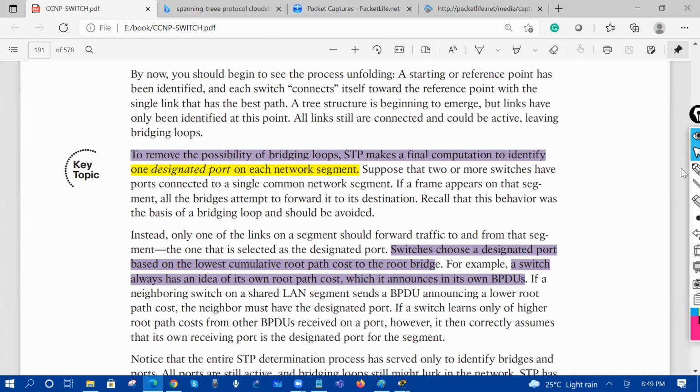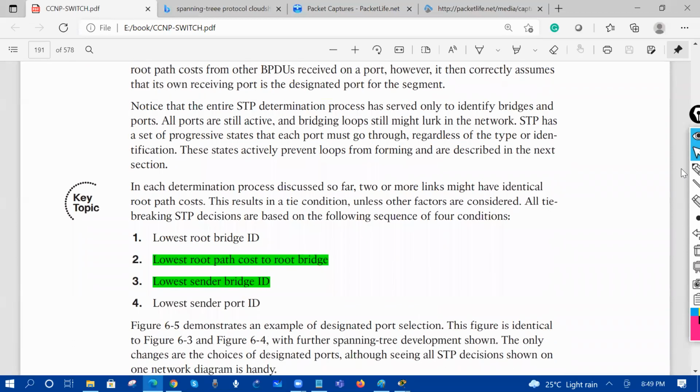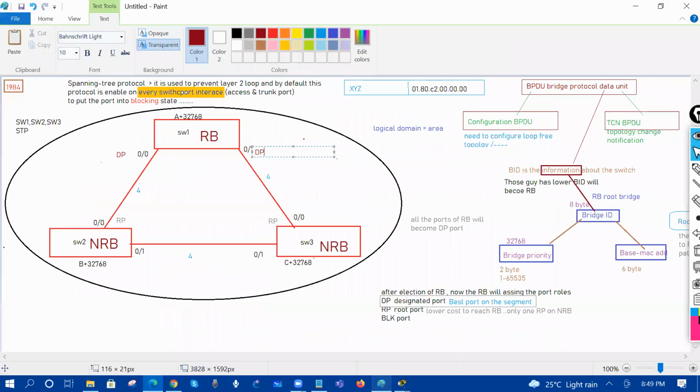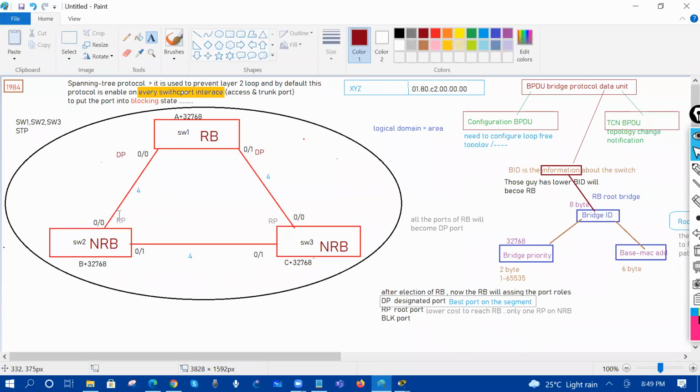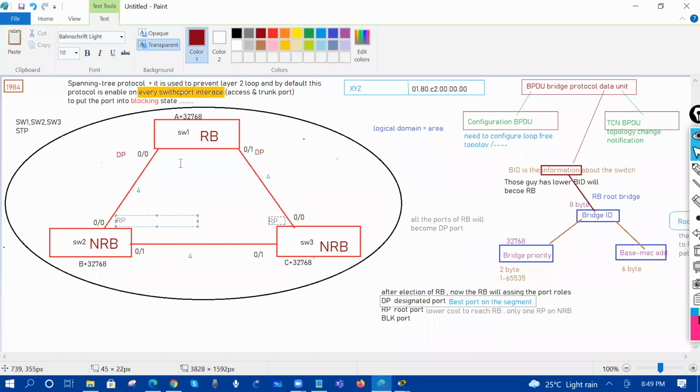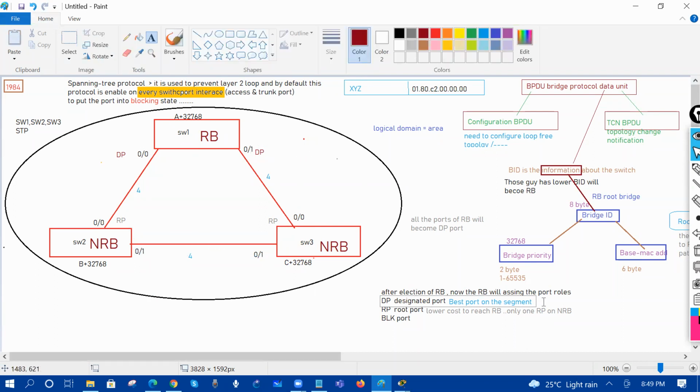So if you have a look, in this case this one will become the RP, this one will become the RP, and this one will become the DP because this is the best port on the segment. Now we have to hold an election for this segment, for the best port on the segment.